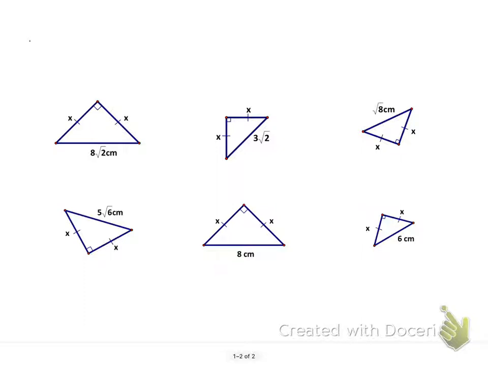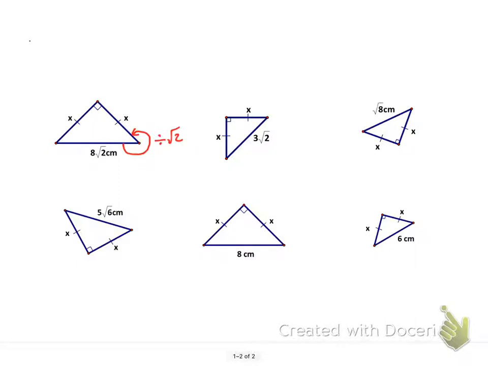All right, so let's look at this. The very first one, we've got a hypotenuse, and it's 8 square root of 2. So what do we do to get the side lengths? Okay, divide by square root of 2. Maybe I just have to keep saying it because it's really important that this idea gets across.